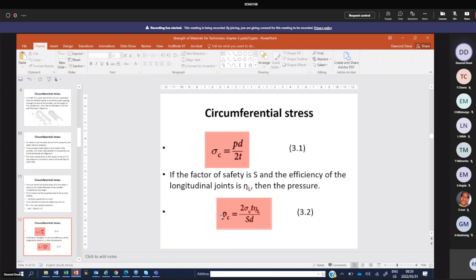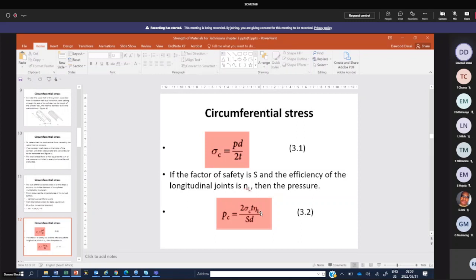All right. So the pressure in the circumferential direction, PC, is equal to 2 times the stress in the circumferential direction times the thickness times the longitudinal efficiency. Watch out here. Remember I said the circumferential stress will cause failure in the longitudinal direction.